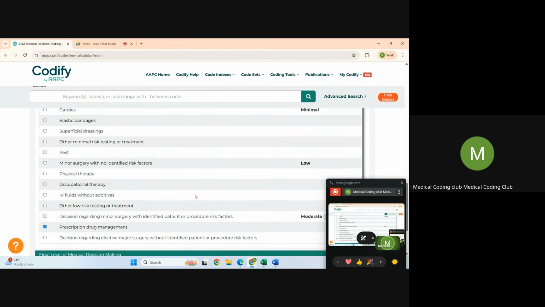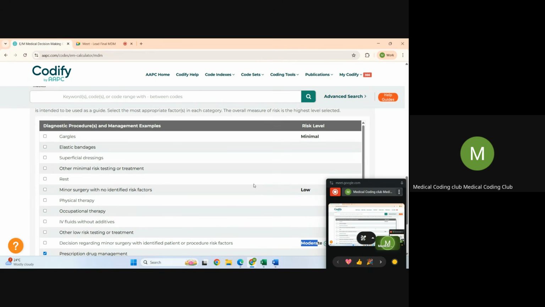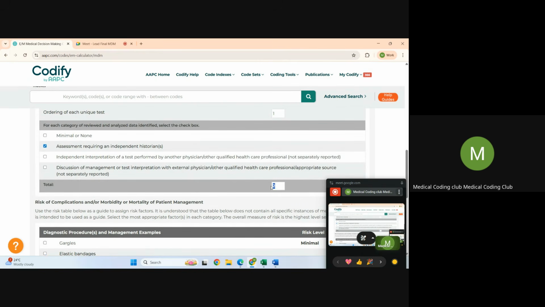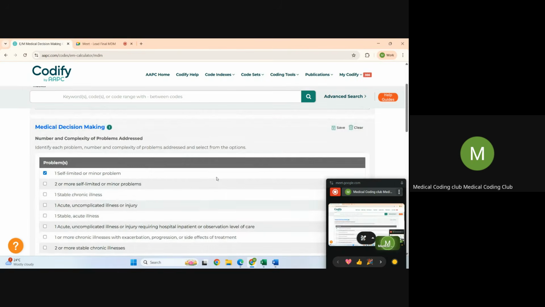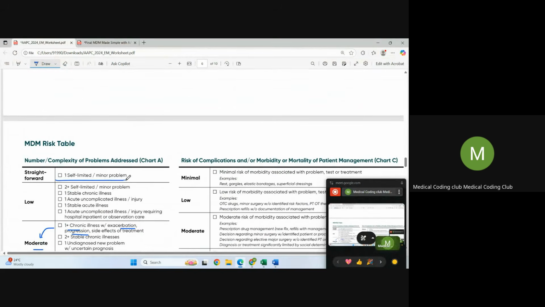The first one, risk, falls under moderate level. Next comes data. I did not change anything, so data is limited. But when I check the problem, I chose one self-limited or minor problem, which goes to the straightforward level.